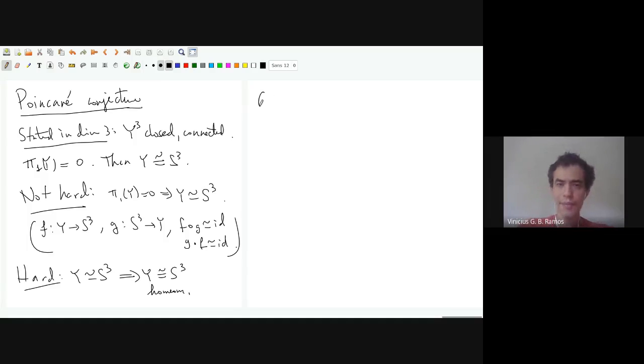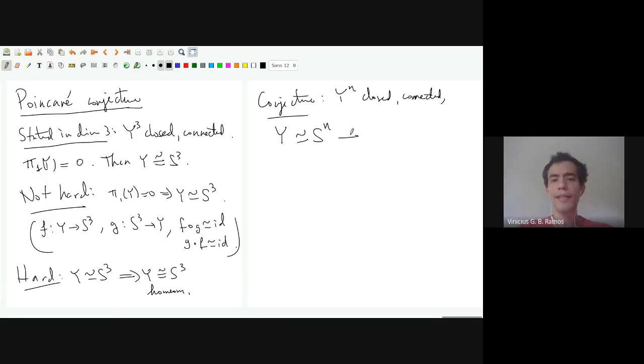So the conjecture became, if you have an n-dimensional closed and connected manifold such that it's homotopy equivalent to Sn, then Y is homeomorphic to Sn. Also, it was found later that it's possible to have manifolds that are homeomorphic to Sn, but that are not diffeomorphic. So then the meaningful conjecture is this.